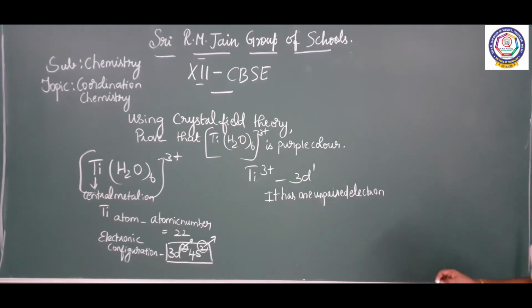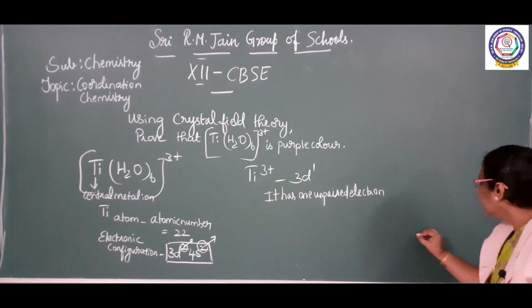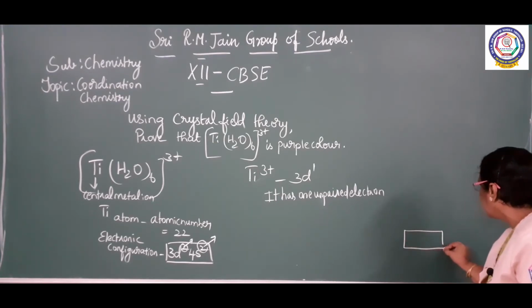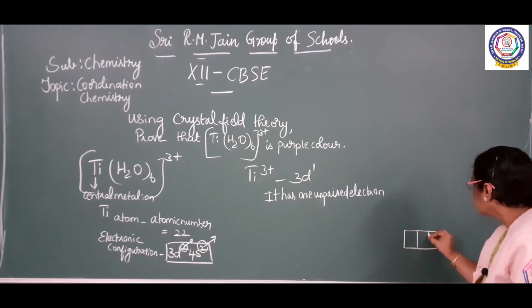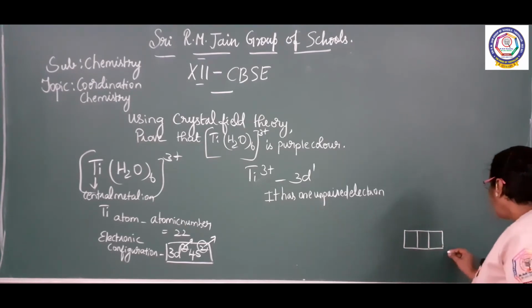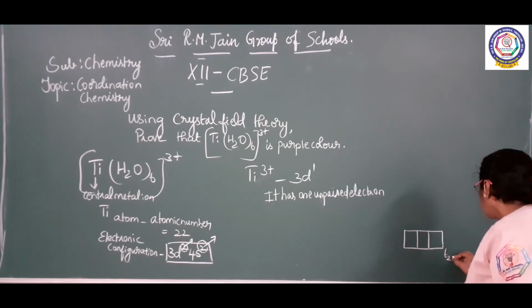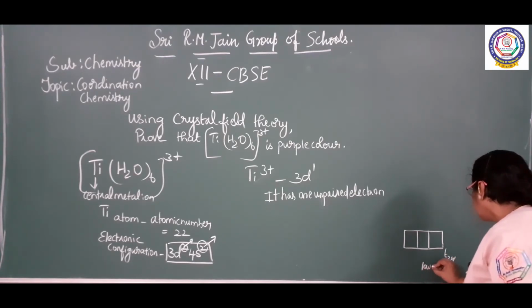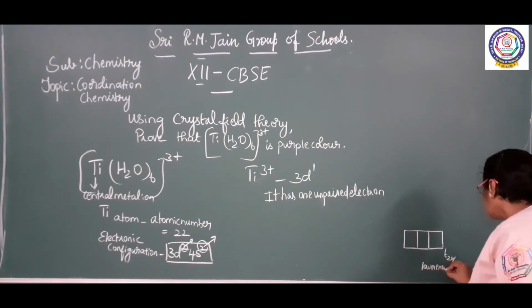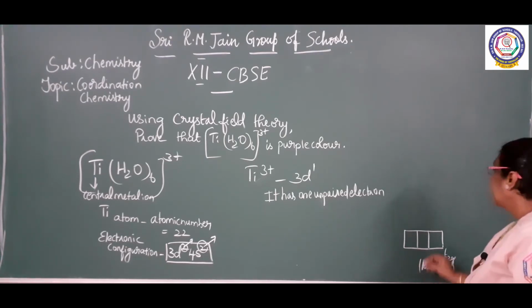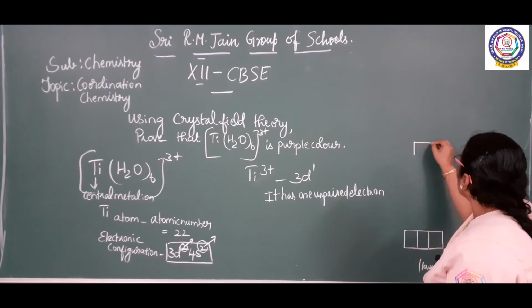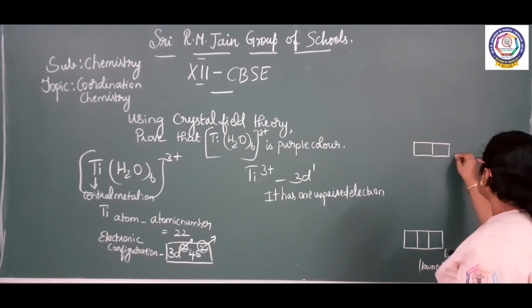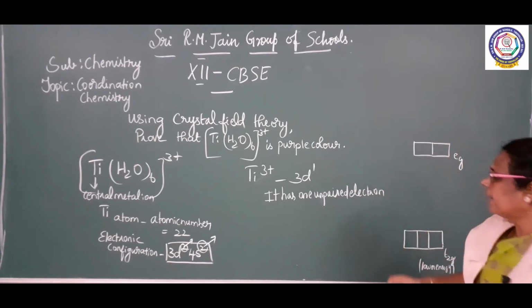There will be 3 d orbitals down, which we call t2g, the lower energy orbitals, and 2 orbitals at the top, which we call eg.